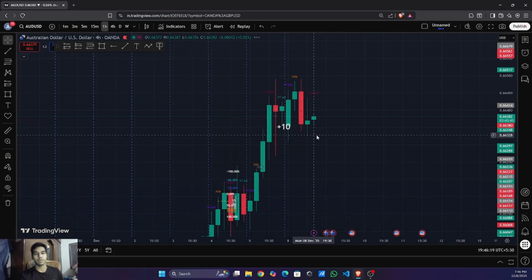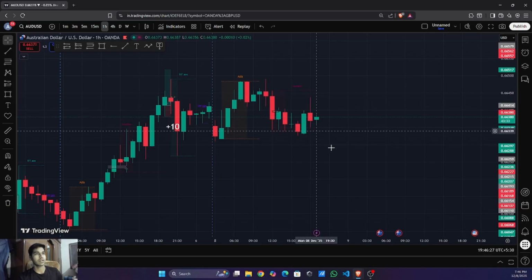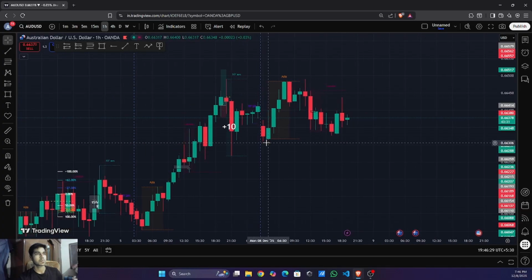Let's see 1 hour. Okay, it gave a breakout structure. This candle, it's around its opening price.